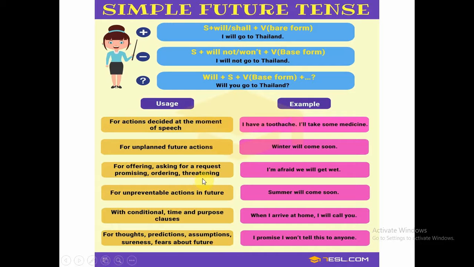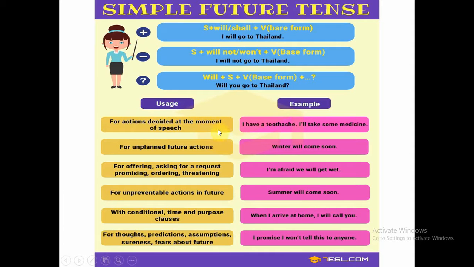All of these are also other usages for the future simple with will and won't. Of course, we can use it with the first conditional, if, and predictions, thoughts, assumptions. If you are sure about something, you say, I'm sure it will, or I will come to the party today, and so on. Let us have the examples.